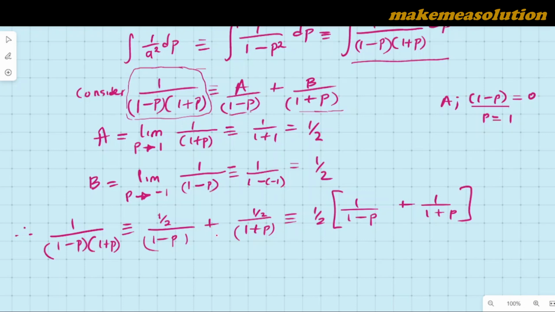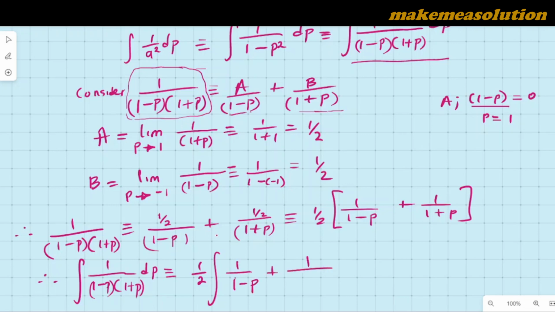So our integral, which was formerly 1 over 1 minus p and 1 plus p dp, has now become 1 over 2 for short into 1 over 1 minus p plus 1 over 1 plus p dp, like this.